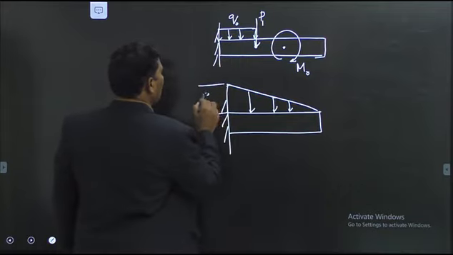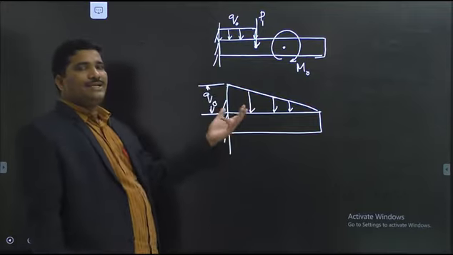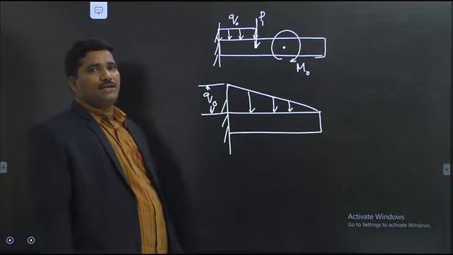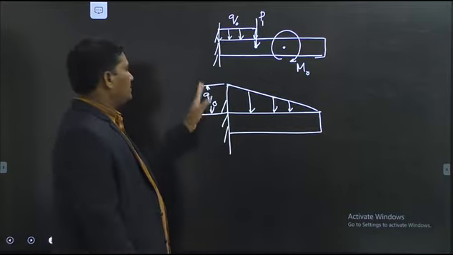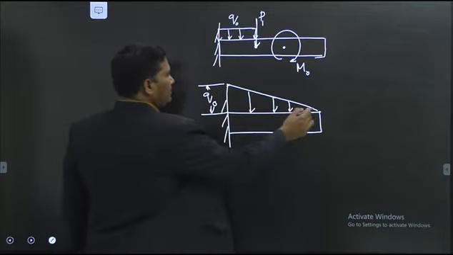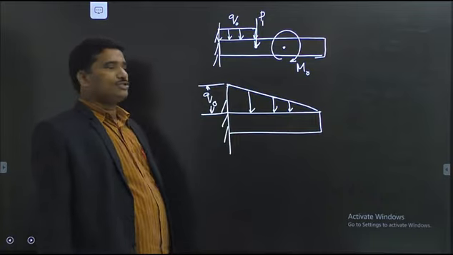The maximum load intensity is Q0. We can define here the load intensity as load per unit length. What type of load are we having here? A triangular load. It is not uniformly distributed.